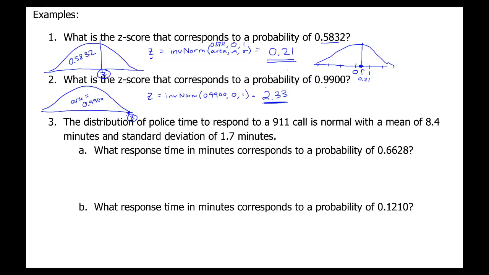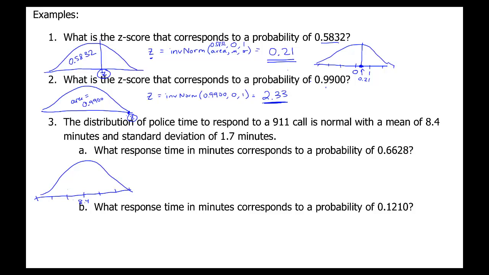So the next one is, again, the application. Now we're not going to have the standard distribution with the mean of 0 and a standard deviation of 1. We're going to use another normal distribution and apply what we know to that distribution. So let's, again, draw a picture. Our mean is 8.4, each standard deviation is 1.7.